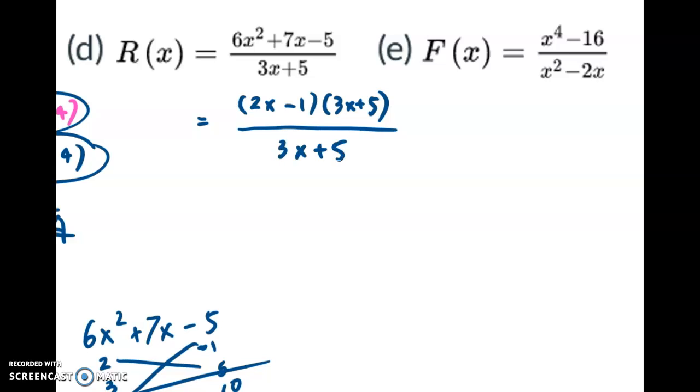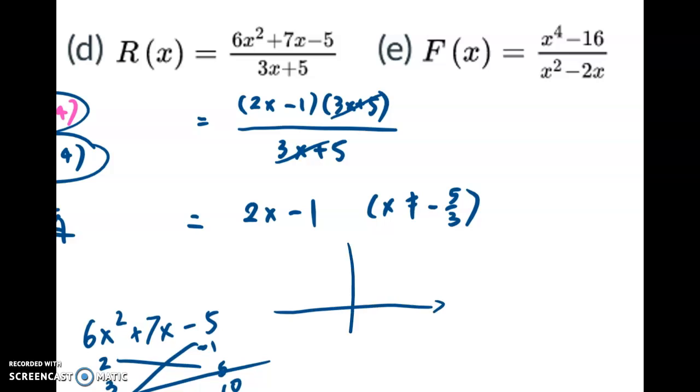So we know the domain of this function is x cannot be equal to negative 5 over 3, right? So knowing that x cannot be equal to that value, we can cancel that out. So it's 2x minus 1. So actually, the graph of this function is just a line, 2x minus 1, but with a hole at x equals negative 5 over 3. So actually, I can graph it real quick. So how about the asymptotes?